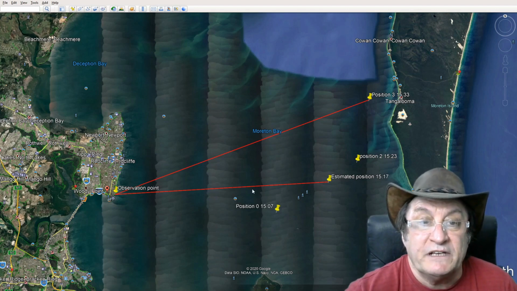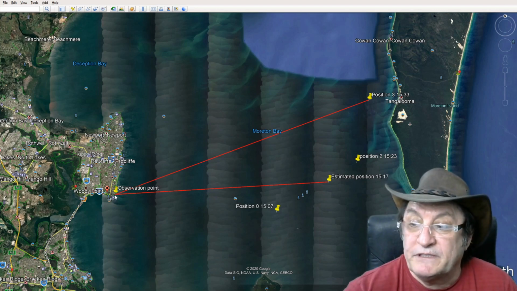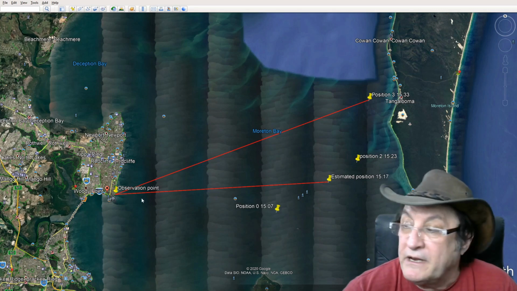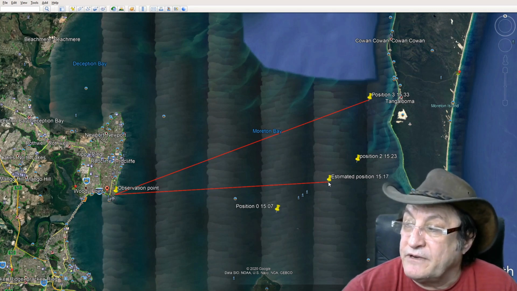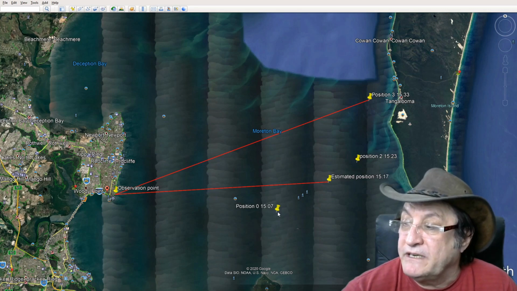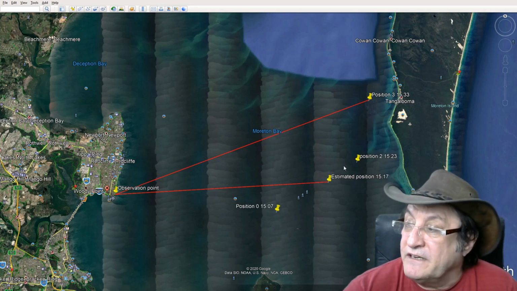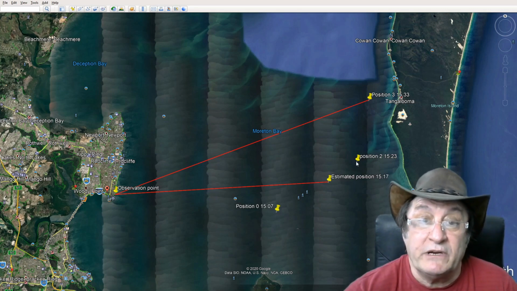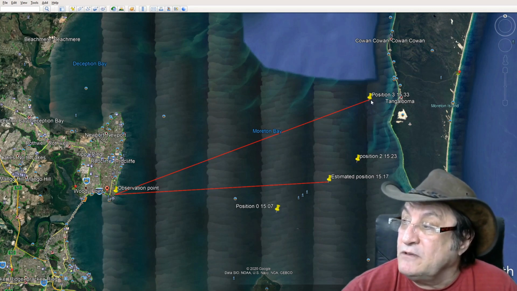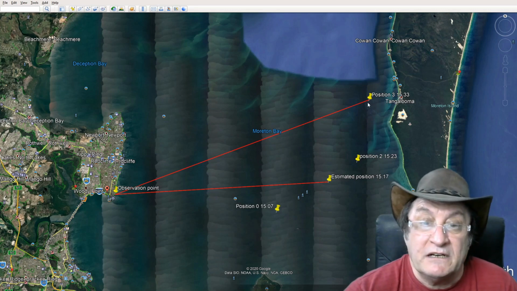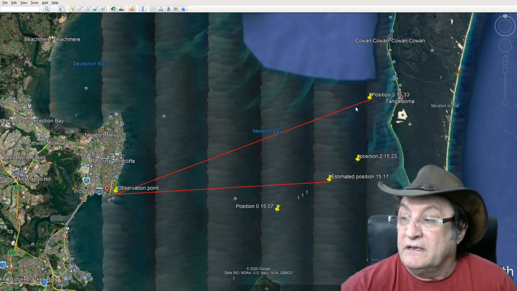These are the observation lines, my usual observation point at Woody Point, and the estimated position at 3:17 p.m. in the afternoon was derived by interpolating between the positions at 15:07 and 15:23, and the other position for the vessel was right in front of Tangalooma Resort there.